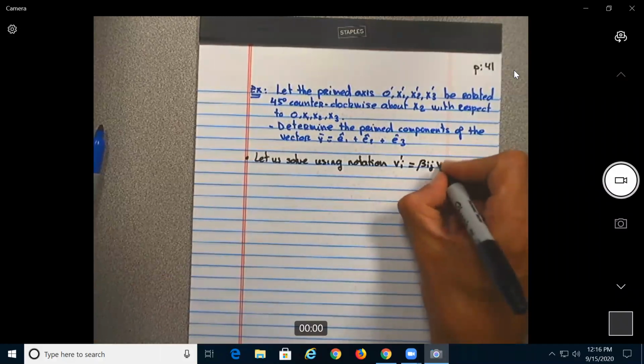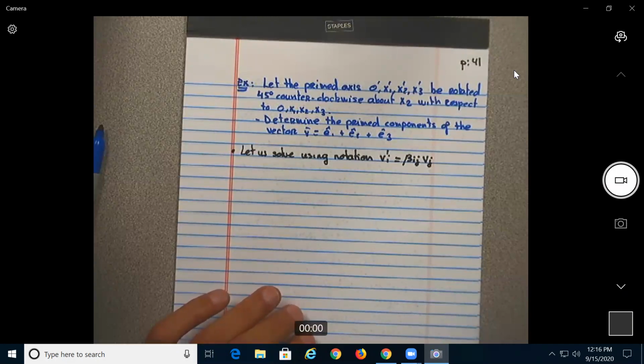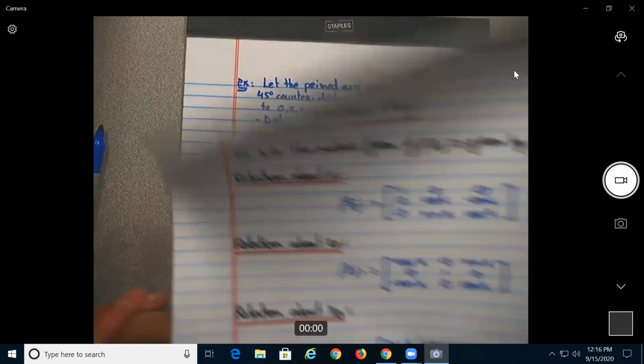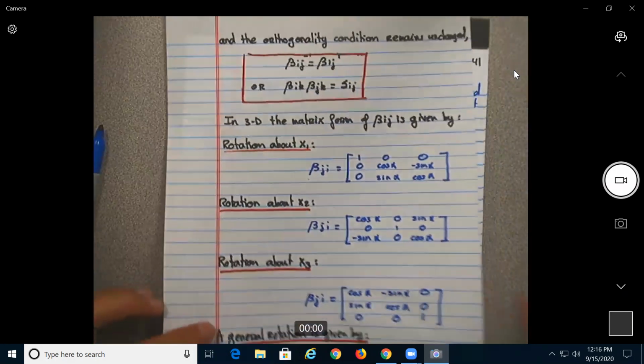Okay? Where if we do the rotation about x2, what is that page here? I don't know where it is. Ah, here it is. If we do it about x2, which matrix should we use? This one over here, no? Okay, rotation about x2.